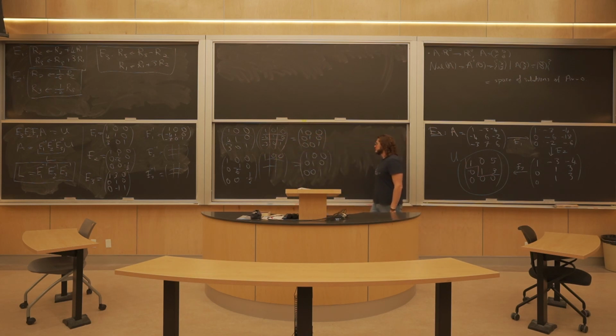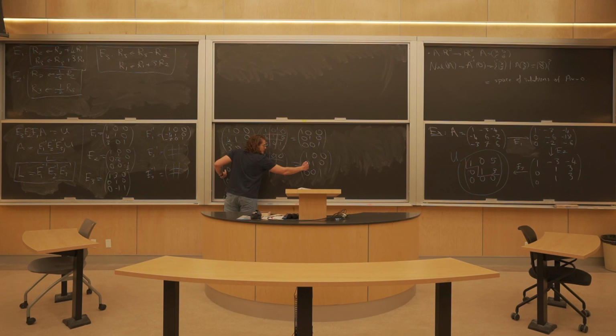How about this entry, for instance? The end result is this. Right? So this has to be a 0. Because you see, to get to this entry, I'm going to use this row.